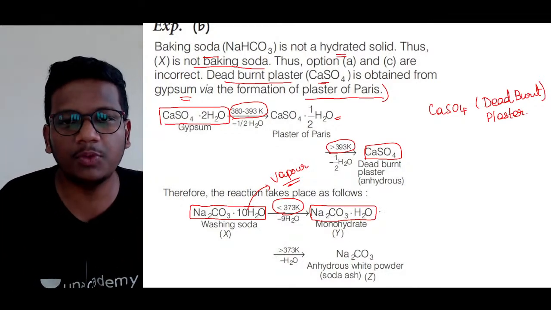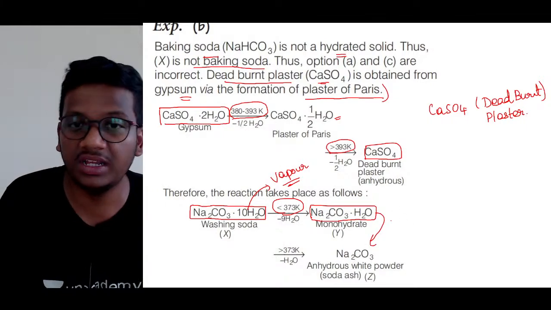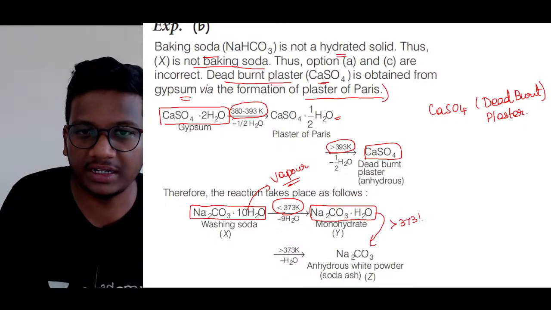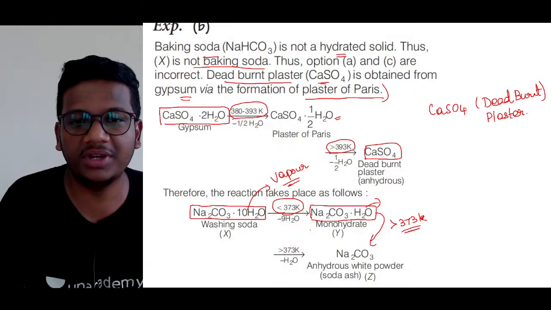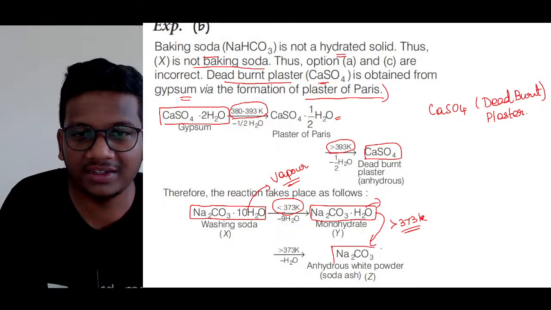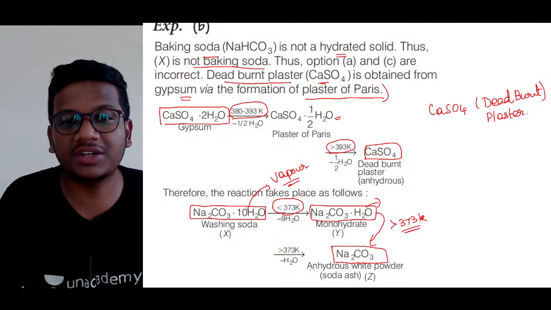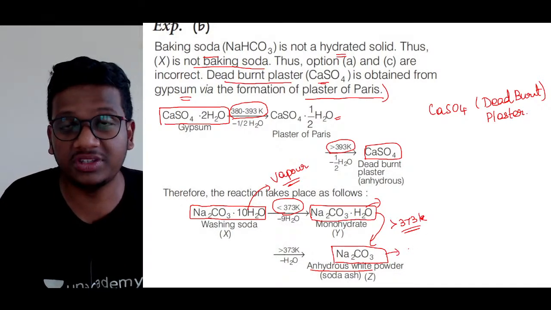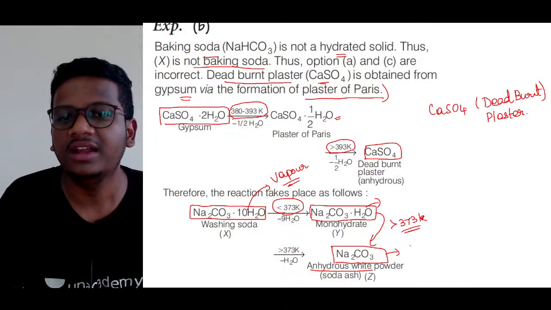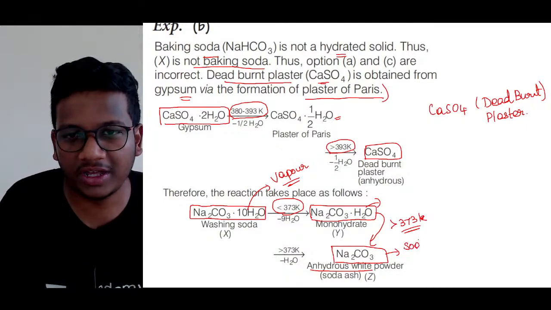If you heat this monohydrated Na2CO3 above 373 Kelvin, the single H2O also escapes, and your final product is Na2CO3, the anhydrous white powder. The other name of this anhydrous Na2CO3 is soda ash, guys.